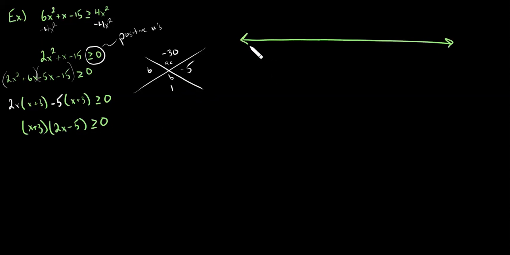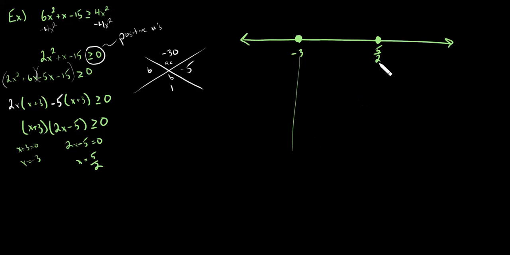Now we can go ahead and set up our number line and our sign table. In this case, x plus 3 is equal to 0, so I have -3 as a 0. Now 2x minus 5 is equal to 0, which is going to get me 5/2. So -3 and positive 5/2, and since it's "or equal to," these are going to be closed.